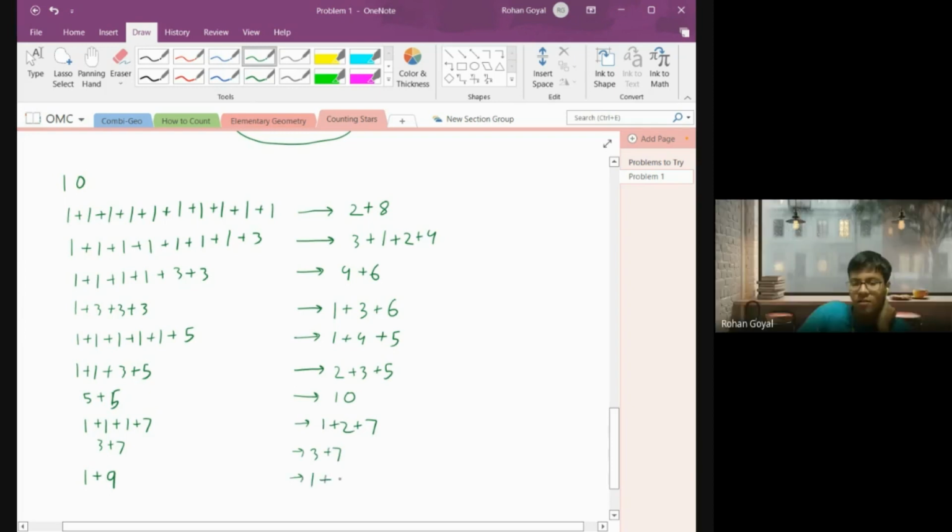Good. Very good. So see, everything automatically came. Now do you think there's another partition? Any other way of doing this? No, right? Because you could have broken it down in the other direction as well, and it will work back perfectly. You can see 1 plus 9, if you try to break it down, this is what it is. 1 plus 2 plus 7, if you try to break it down, you'll get 1 plus 1 plus 1 plus 7, right?